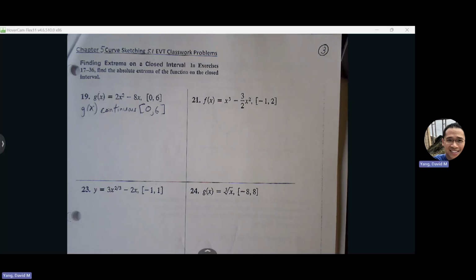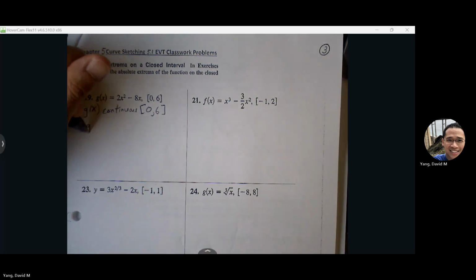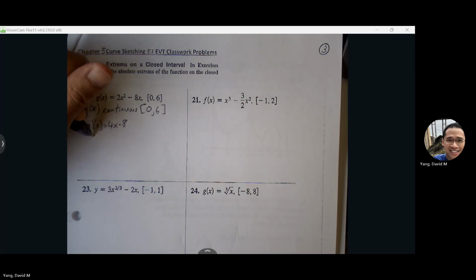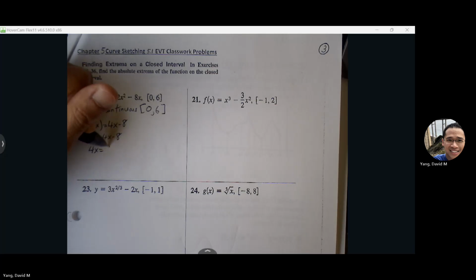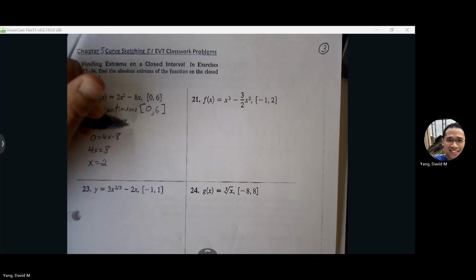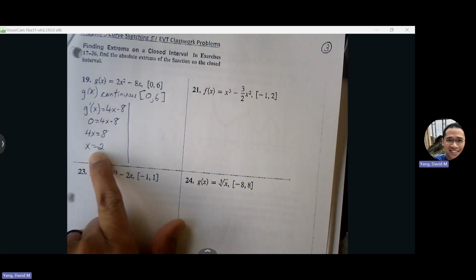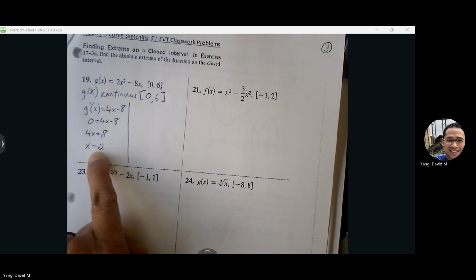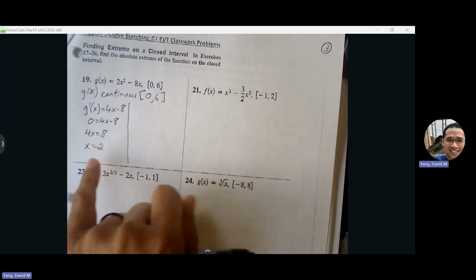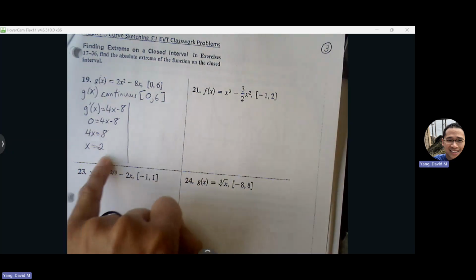Okay, next up, find G prime. There is no denominator to worry about, so we only have to worry about the numerator equal to 0. Is that a valid critical point? Yes. So we're going to always test 2 endpoints and any additional valid critical points that we find.